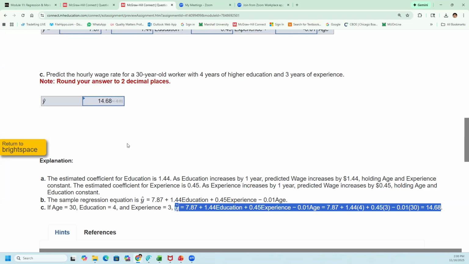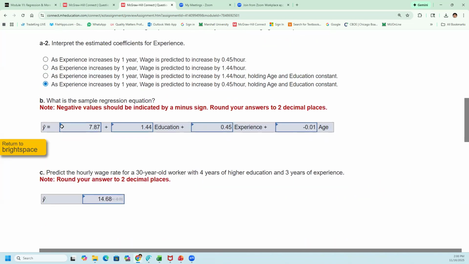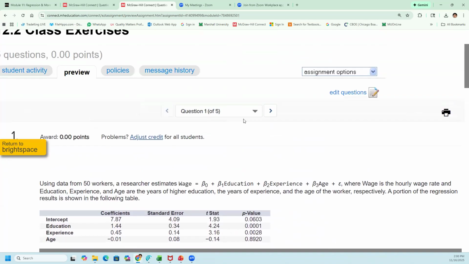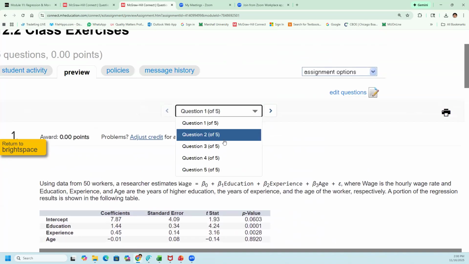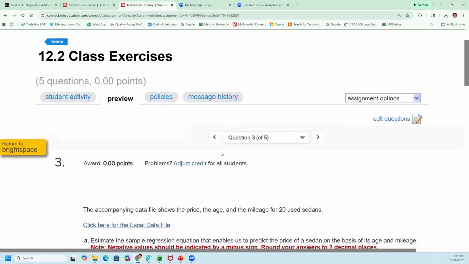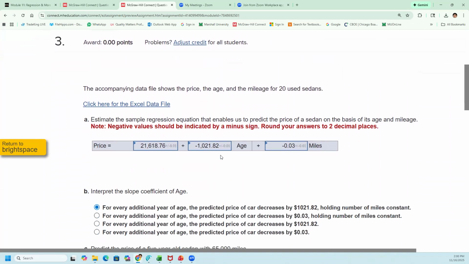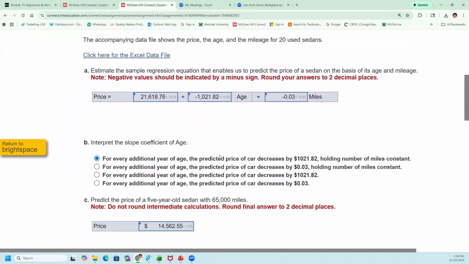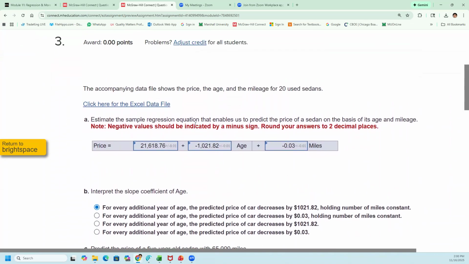Now, moving on to number 3 on 12.2. Again, very similar. You've got the accompanying data that shows the price, age, and mileage for 20 used sedans.